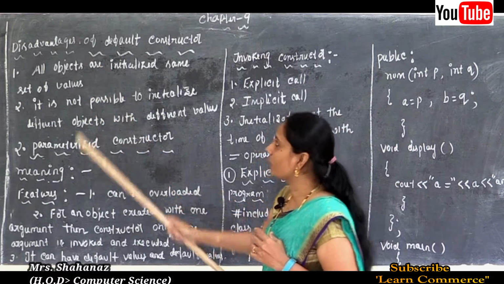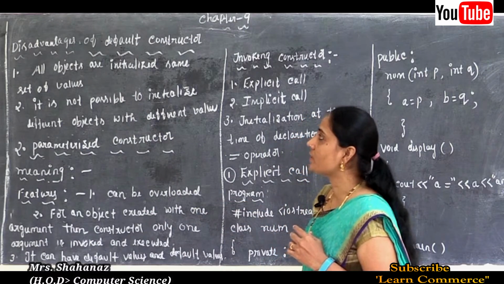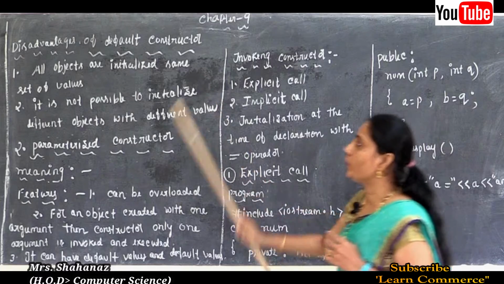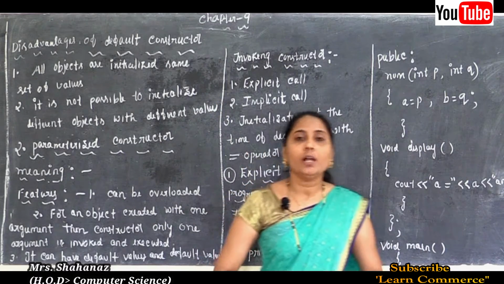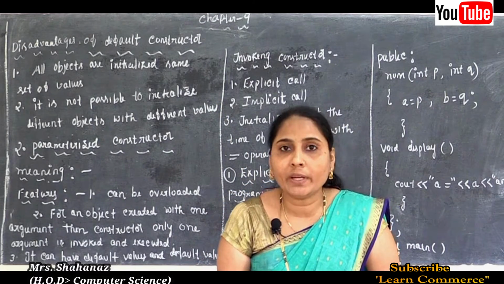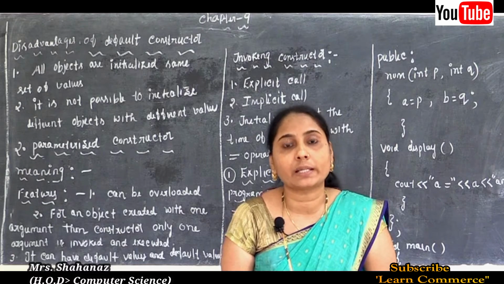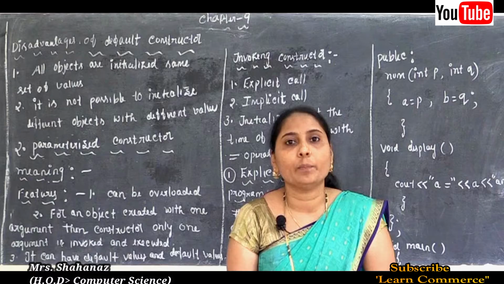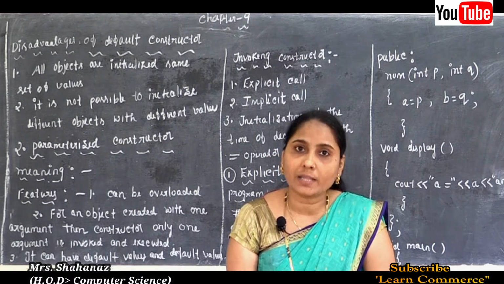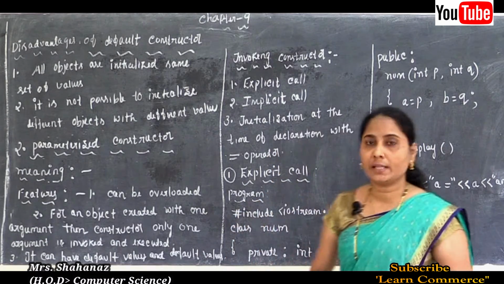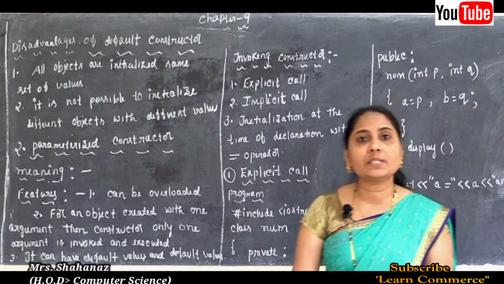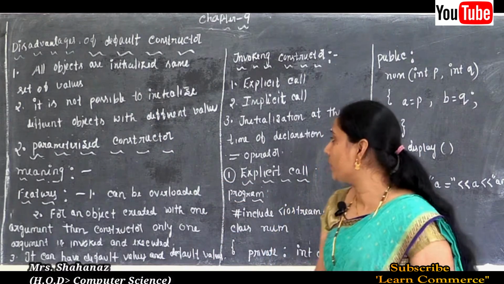The first disadvantage of the default constructor is that all objects are initialized with the same set of values. When many objects of the same class are created, all the objects of the class are initialized with the same set of values by the default constructor.